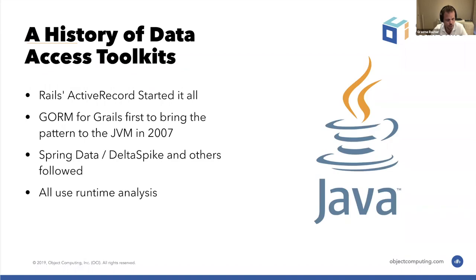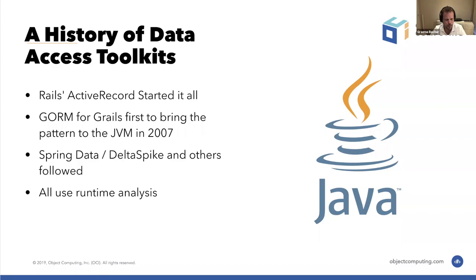First, a little bit of history of data access toolkits. I think it all began really with Rails, Ruby on Rails. That was, at least for me personally, the first time I was exposed to the typical pattern of the active record pattern in terms of generating dynamic finders and query methods that talk to a database.